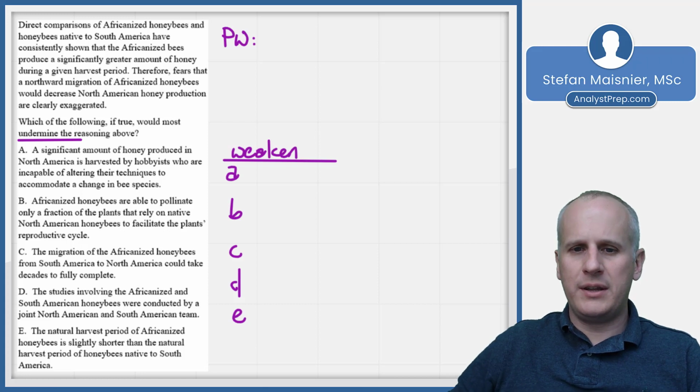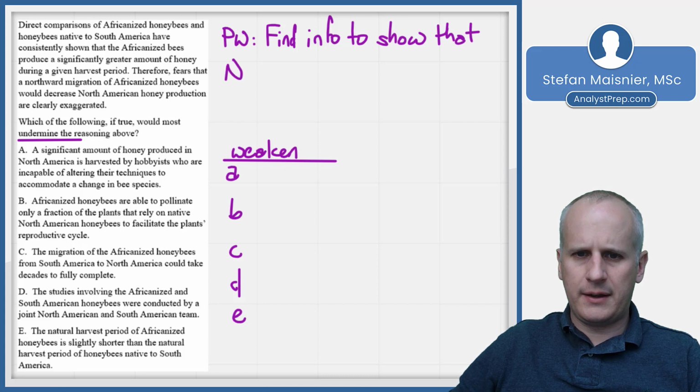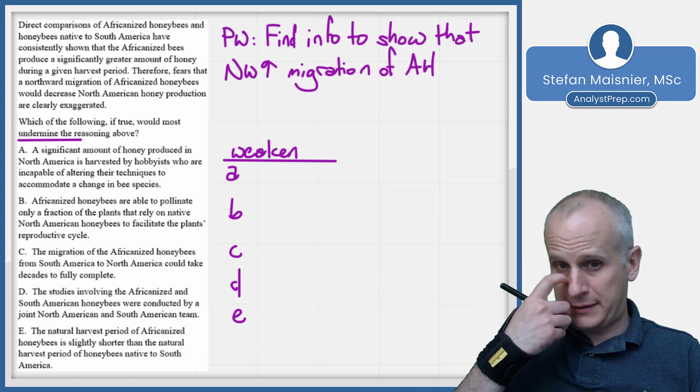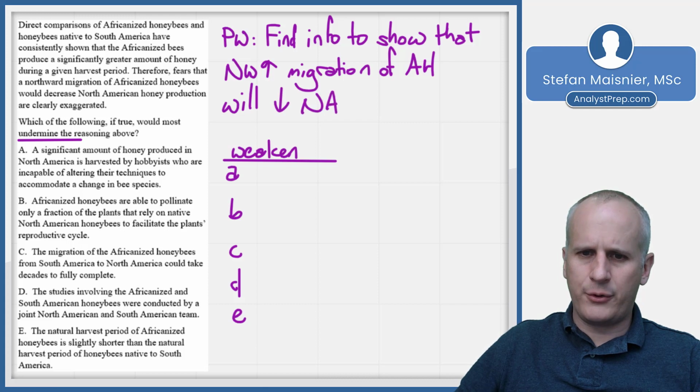So we need to find info to show that the NW, and we'll put a little up arrow for northward migration, of the AH for Africanized honeybees will lower NA for North American, HP for honey production.